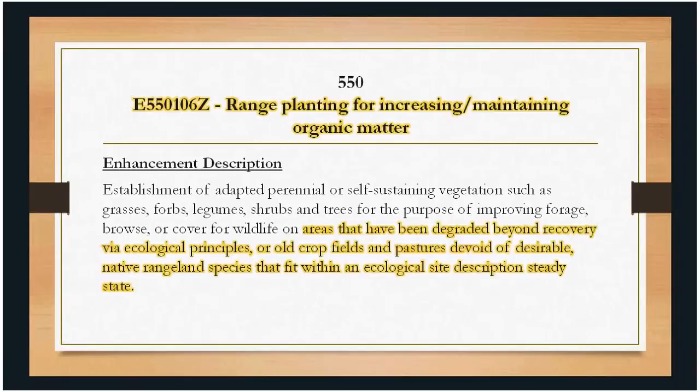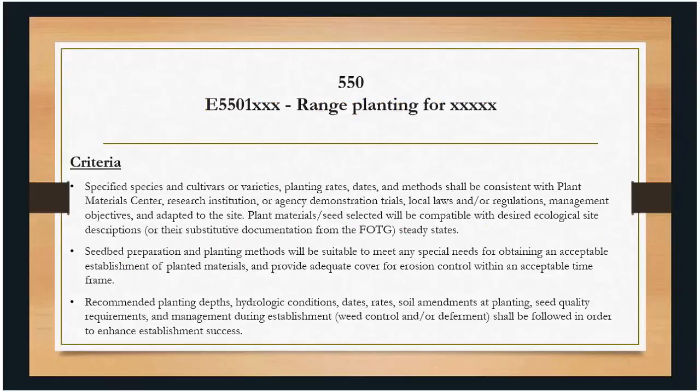It talks about old crop fields and pastures, although it also said that this was only applicable to rangelands. So I guess if they were crop fields or pastures long ago, we're talking about severely degraded systems here.